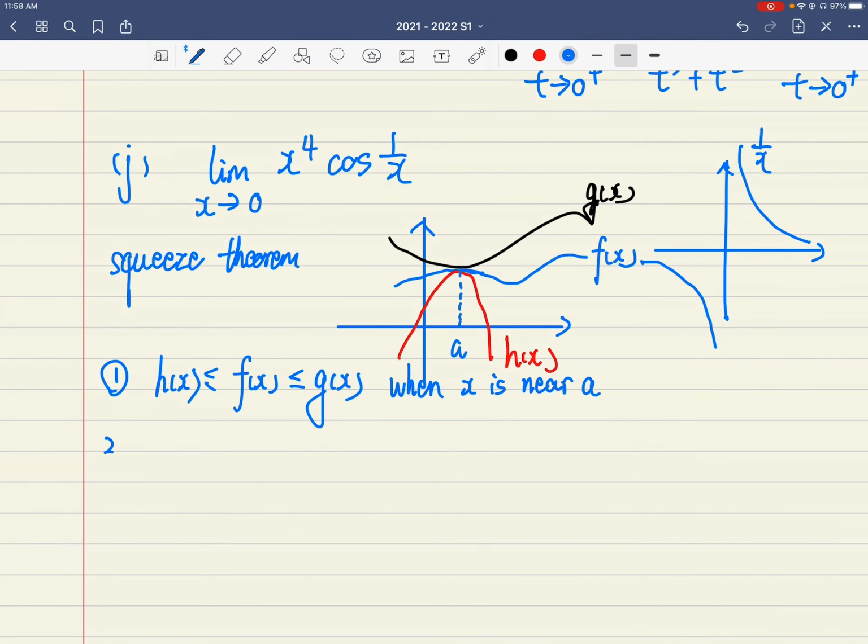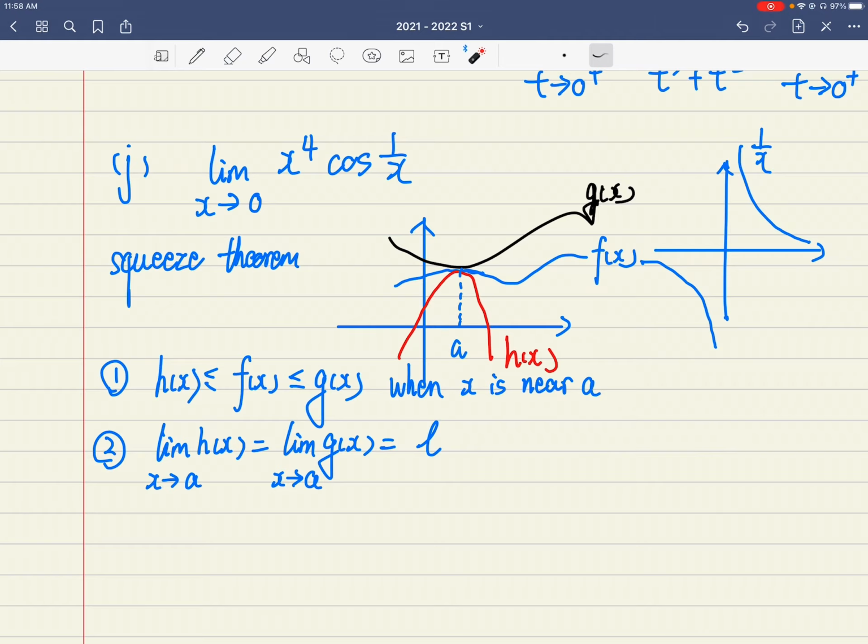Okay. The second condition is that when x is approaching A, the first function's limit is equal to the third function's limit, and it's equal to some value, for example, let's call it L. On the graph, it's quite clear.